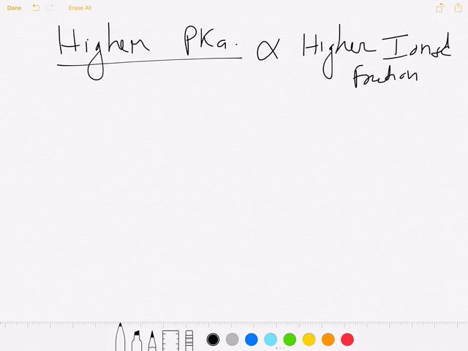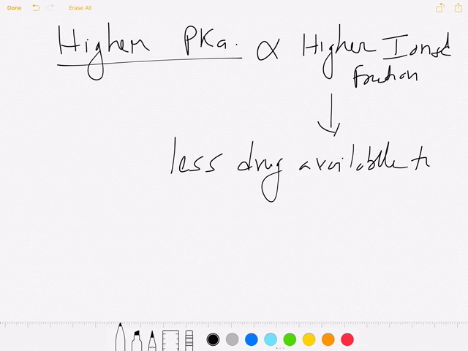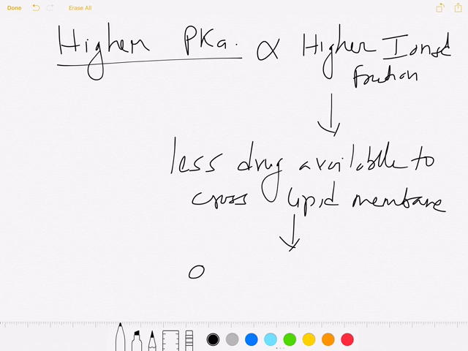So less drug is available to cross the lipid membrane, and hence onset of action is slower. Does it make sense?